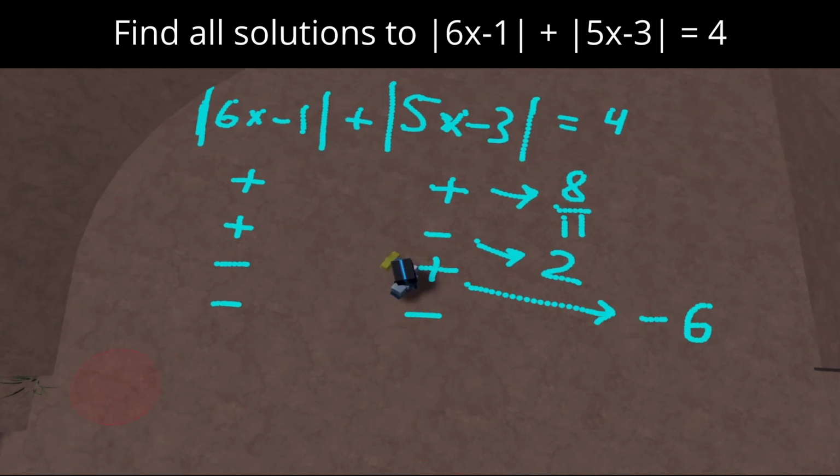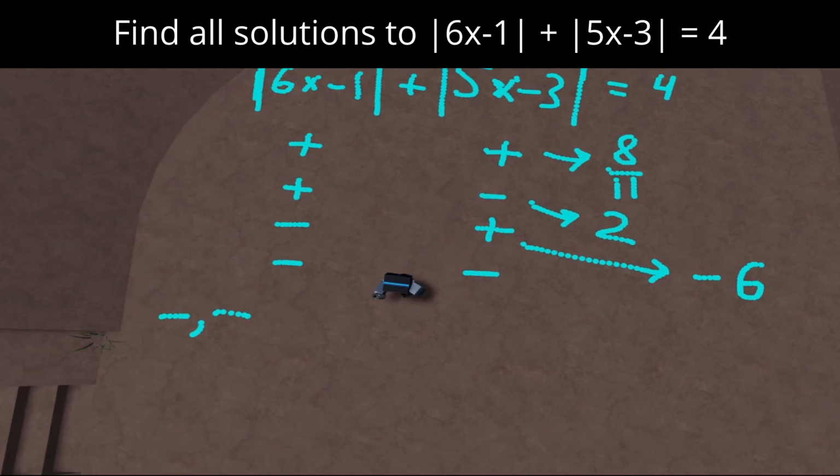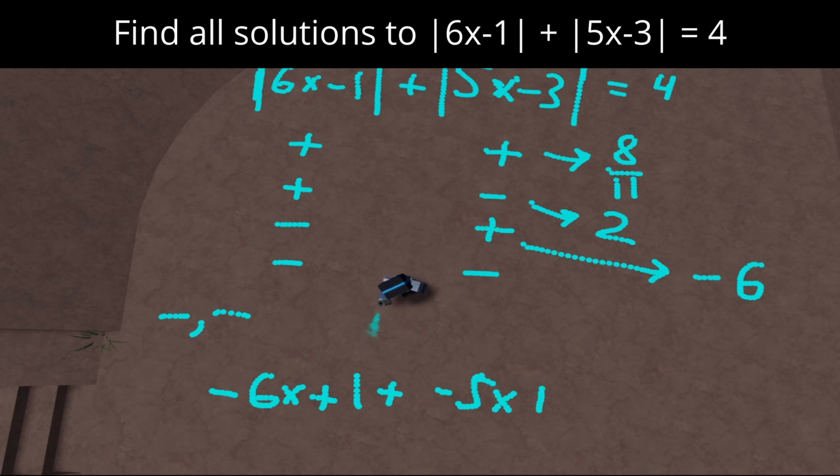And then consider the both negative case. So that means we'll have, let me just erase it down here, -6x + 1, because I flipped the sign on both of those, plus -5x + 3, because I flipped the sign on both the 5x and the -3, is equal to 4.